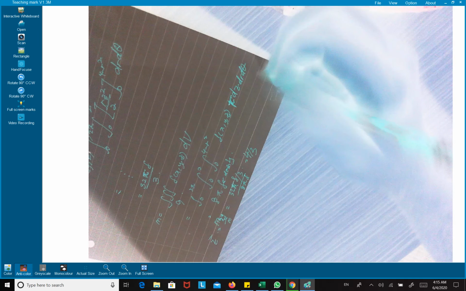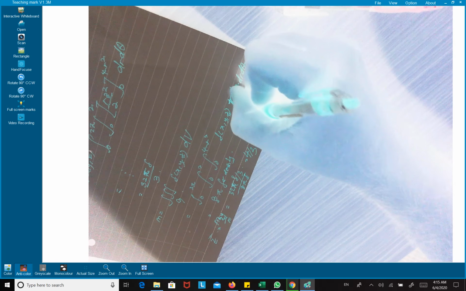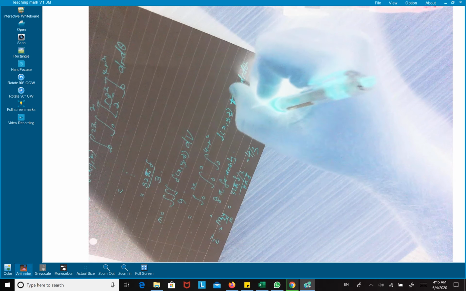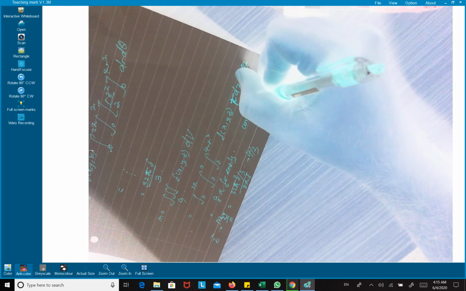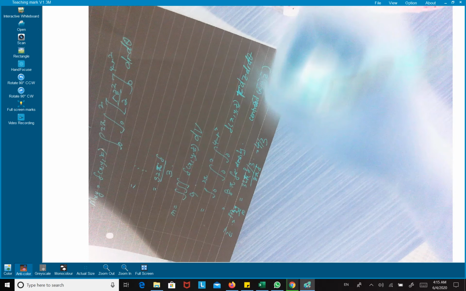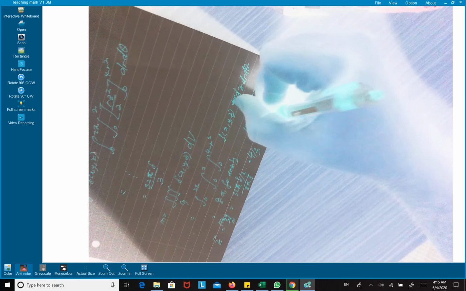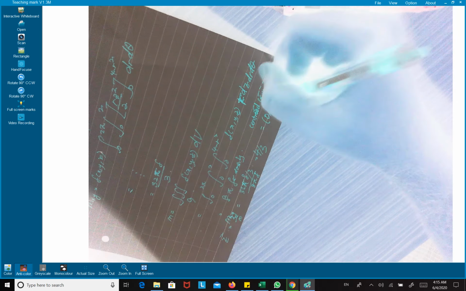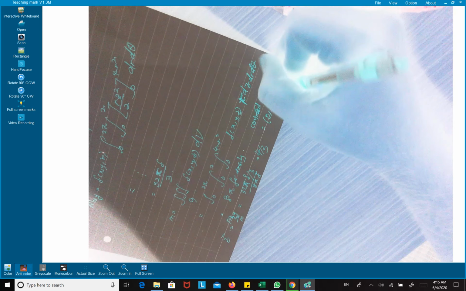So your centroid x bar, y bar, z bar is equal to 0 because of symmetry, again 0, symmetry, and 4/3.